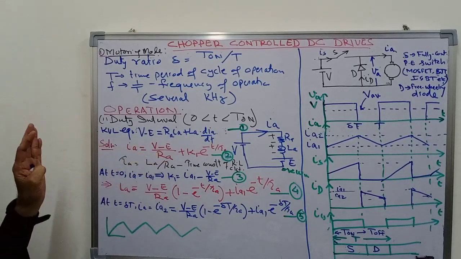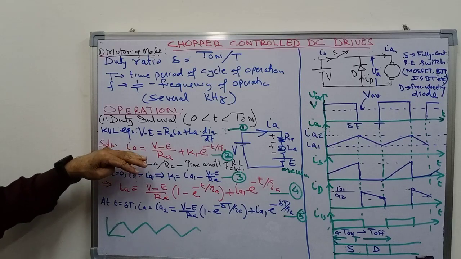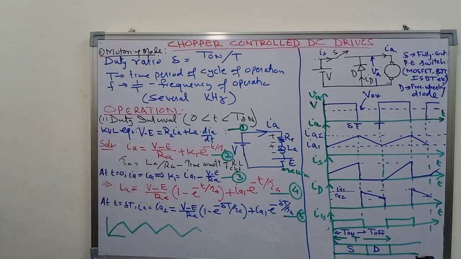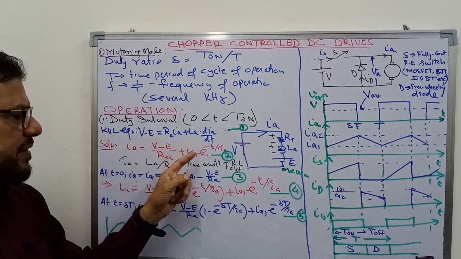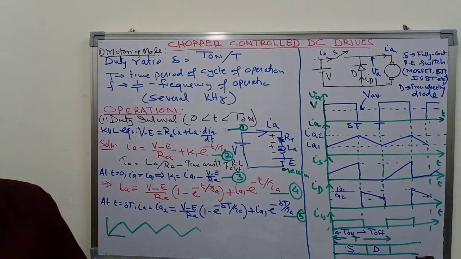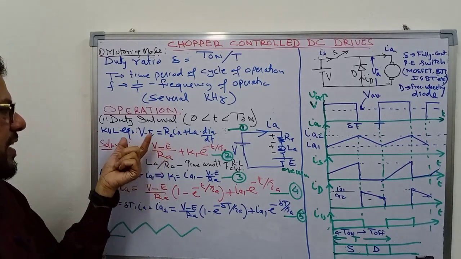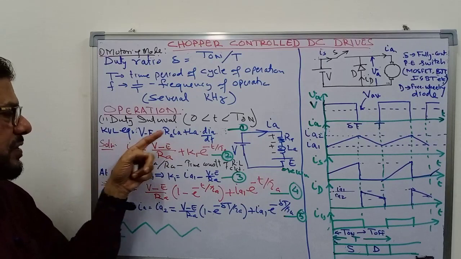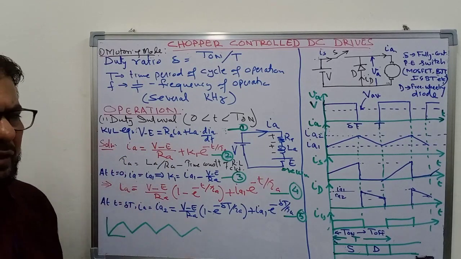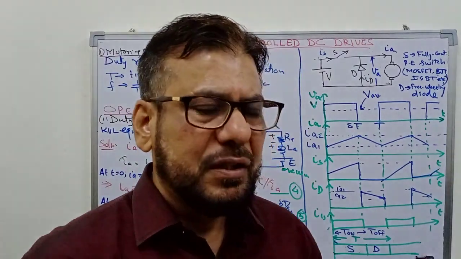Now how to solve this equation? You want to know the expression of the current IA. You can write the steady state solution and the transient solution. In the steady state, the current will be equal to V minus E upon RA. You know that in the RL circuit, the steady state current is equal to V upon the resistance.